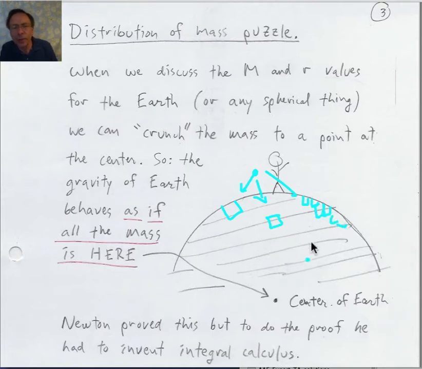You divide the Earth up into an infinite number of pieces, find the force from each one of those pieces, and the end result is, oh my God, the end result is that the answer is the same as if you assumed that all of the Earth was at the center. So 20 years of work inventing calculus, and now Isaac Newton is confident enough to publish his universal gravitation formula.